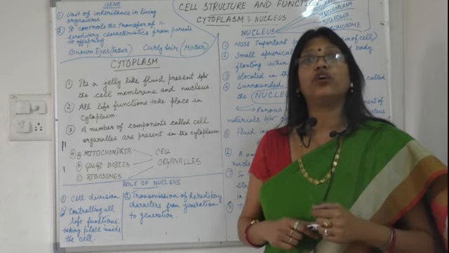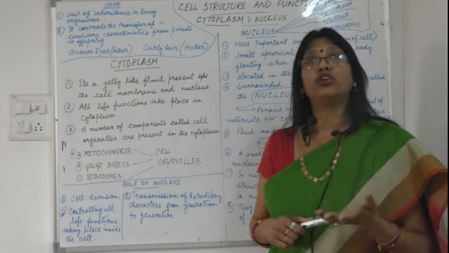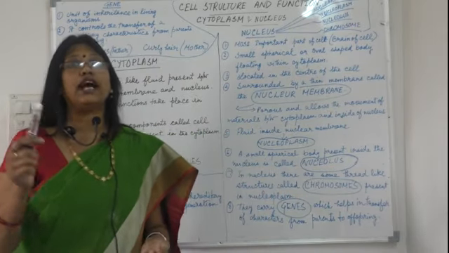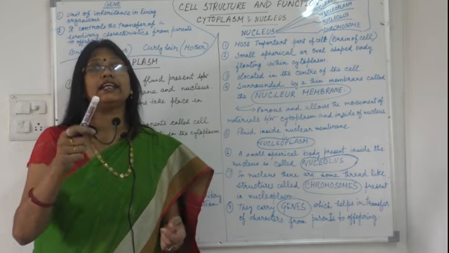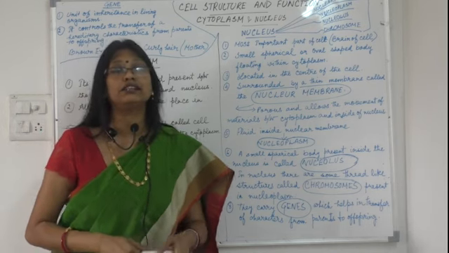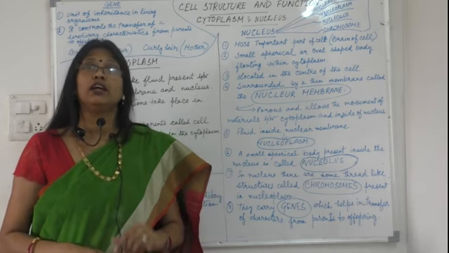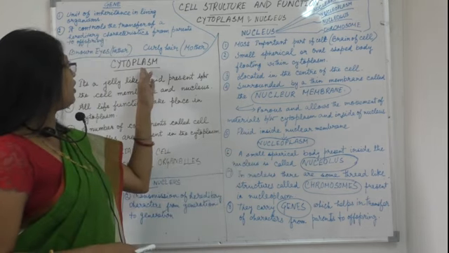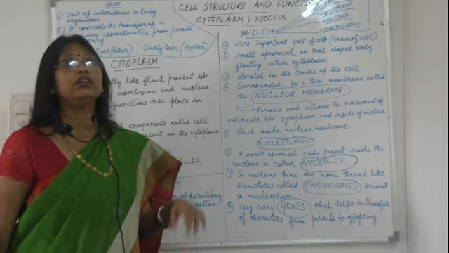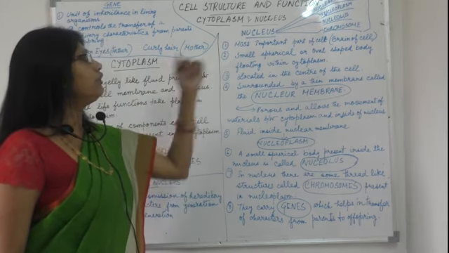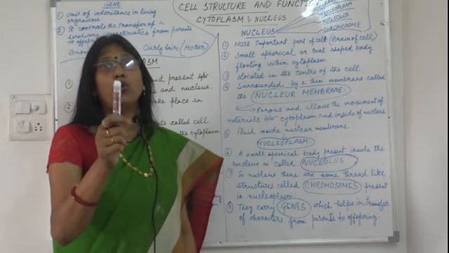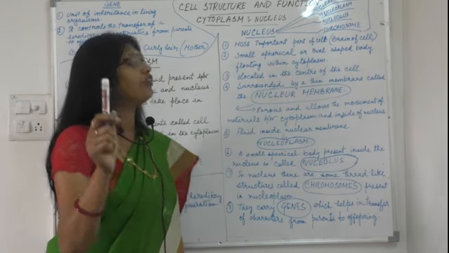Actually the brain of the cell. As I told you, the cell has three parts. They are cell membrane, which we have already discussed, and secondly cytoplasm. Now let's move on to nucleus. Nucleus is actually the most important part of a cell.